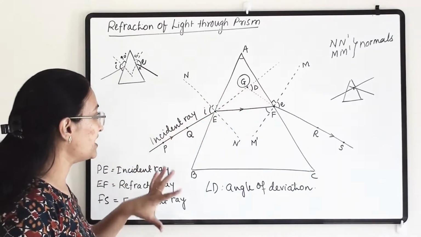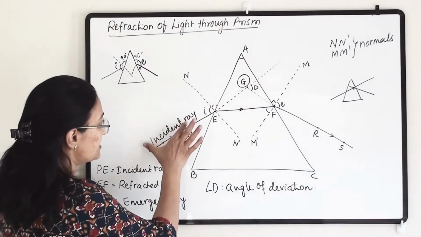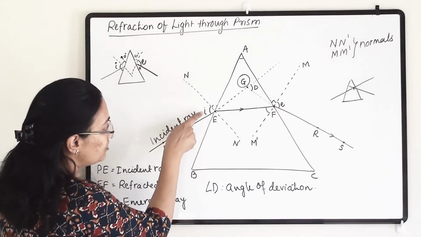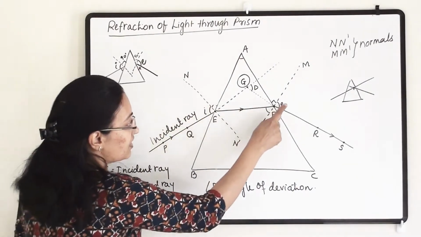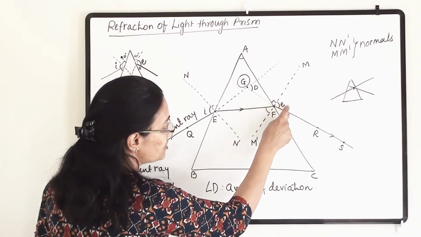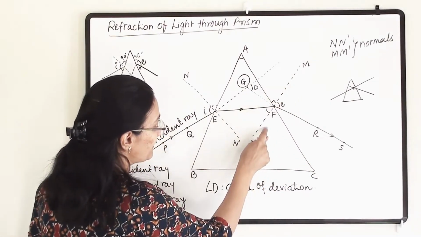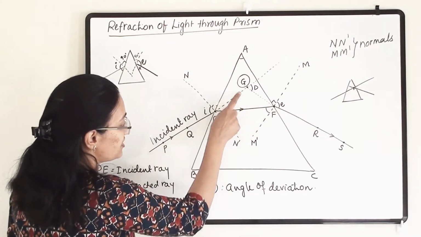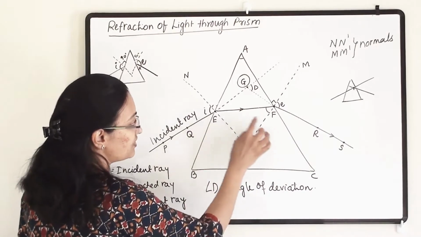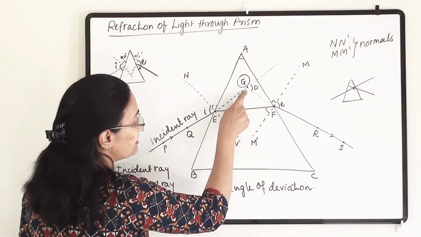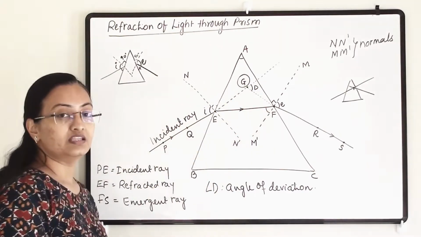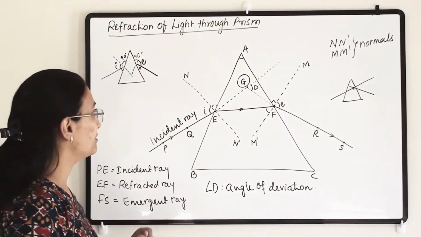So how many angles are there here? The incident ray makes the angle of incidence along with the normal. The emergent ray makes the angle of emergence along with the normal. And this is the angle of deviation, which we get by extending these two rays, the incident ray and the emergent ray, and it tells us how much the ray has been bent.